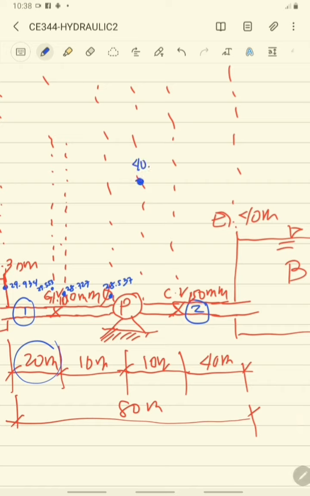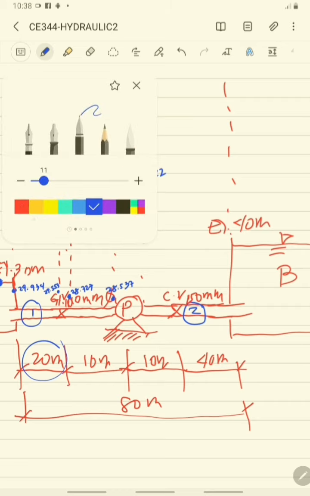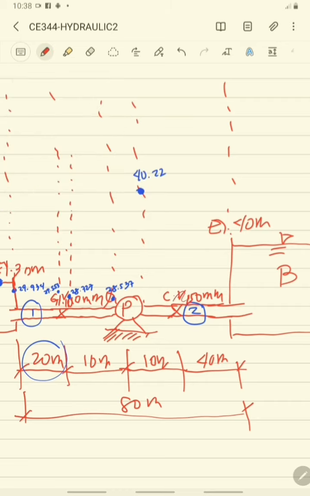So 40.22. Okay, so again we have here the pipe friction. So I need to redraw again the vertical line. I hope you can follow. That's it.